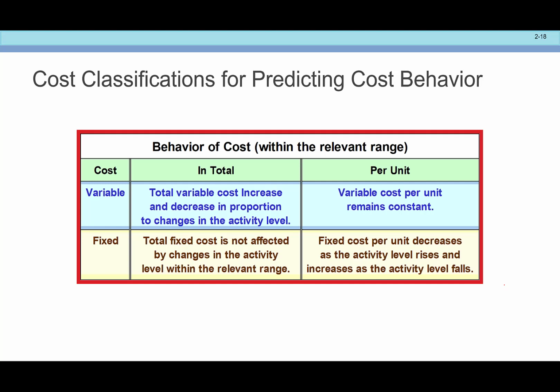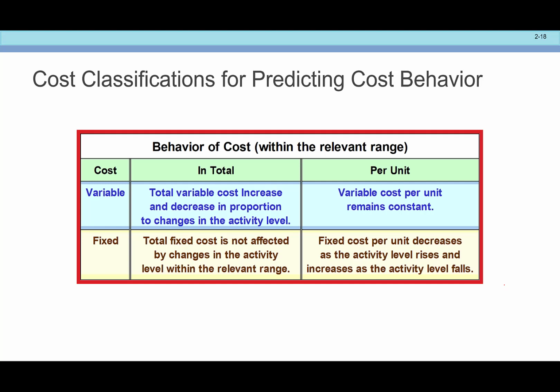Which is that if we're talking about in total, our fixed costs stay the same regardless of the level of production, right? Our variable costs move with the level of production. More production, more total variable costs. Less production, less total variable costs, right?